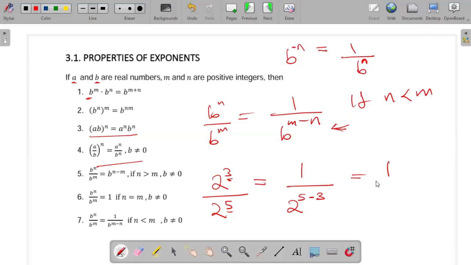This gives me 1 over 2 to the power 2, which is just 1 over 4, exactly what we did based on the other property which we learned.